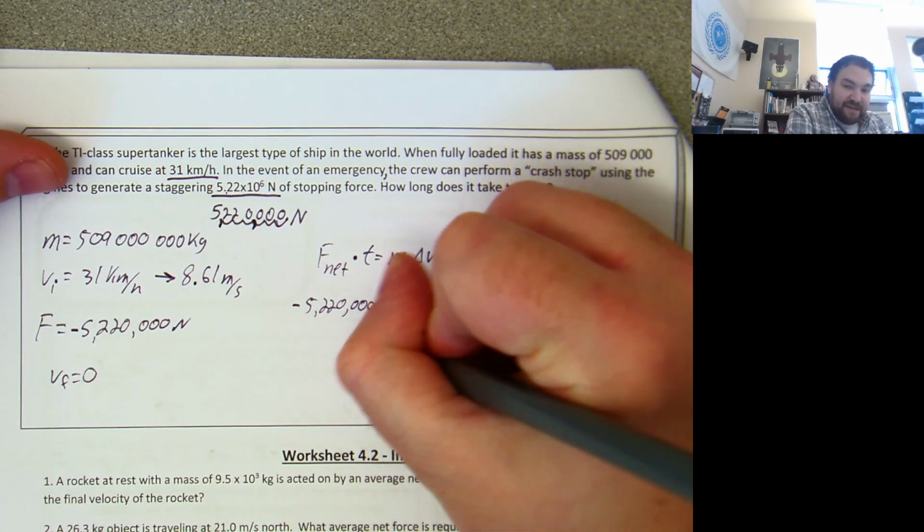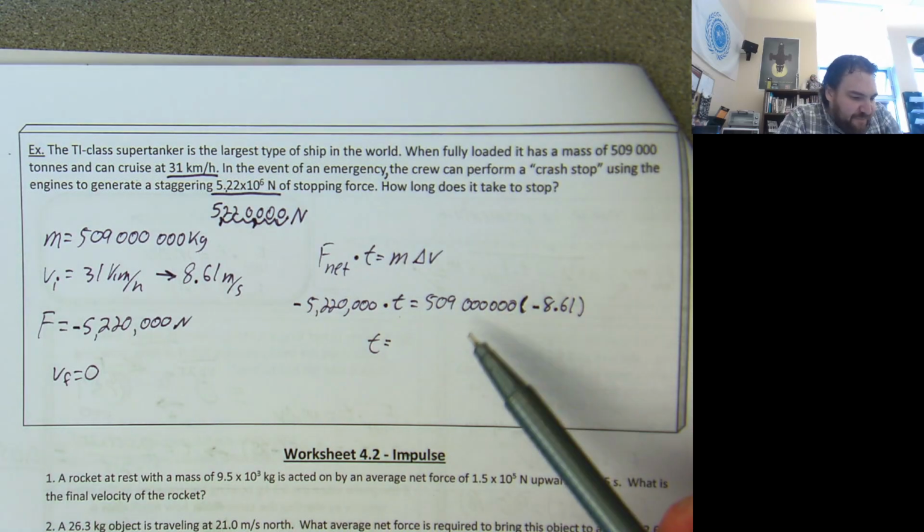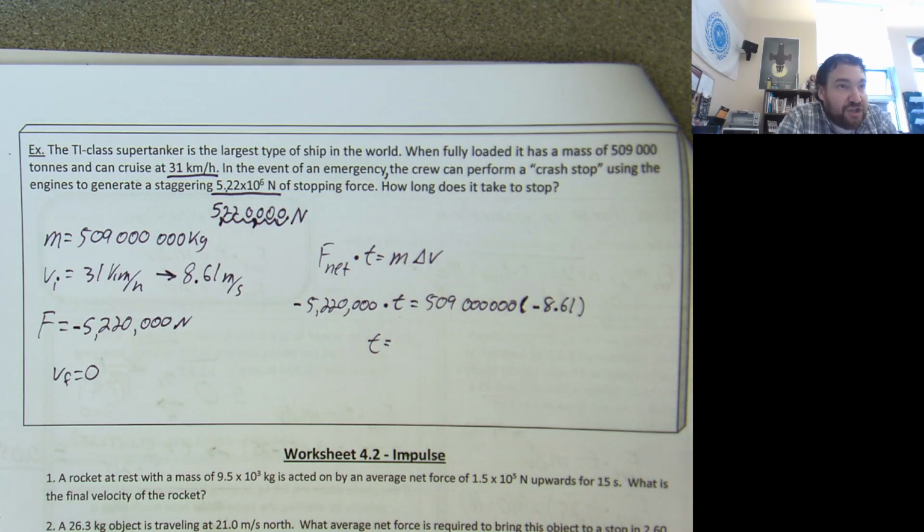How much time does that take? What is 509 million times 8.61 divided by 5,220,000? What's the value there to stop the ship? Someone who's got a calculator.